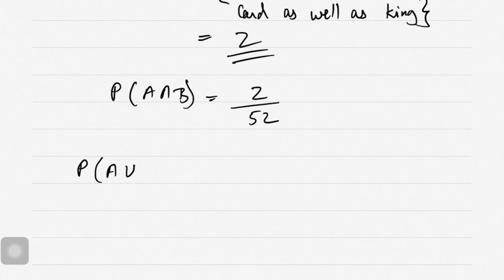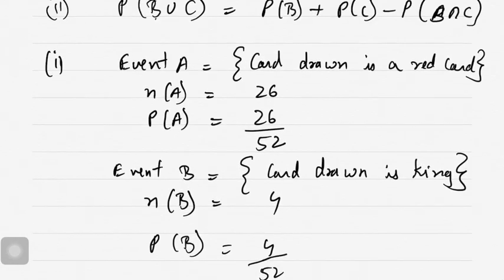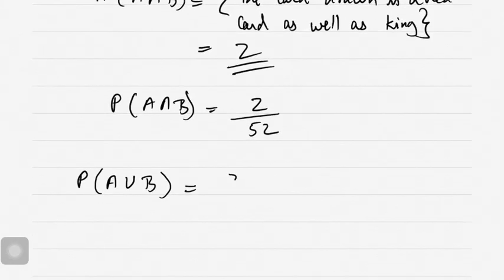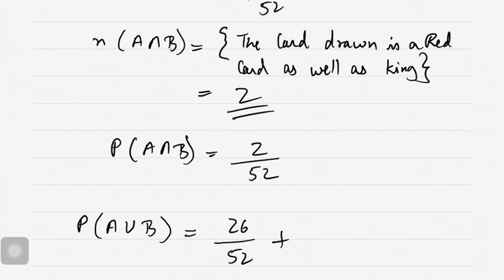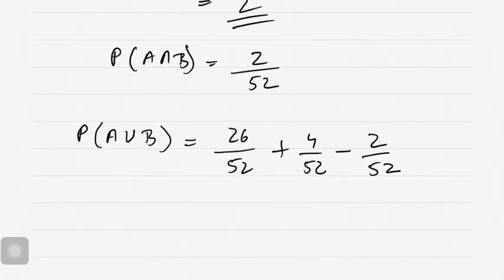So P of A, the final answer, P of A union B is equal to 26 by 52 plus P of B, which is 4 by 52 minus 2 by 52, which is 28 by 52.